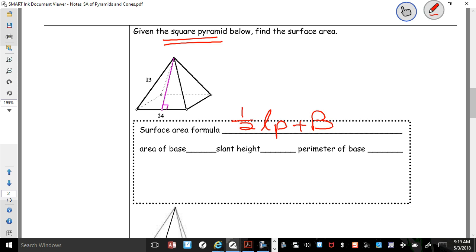So now we have to go back and find big B. Big B in this particular case is a square, yes? It says square, 24, 24, 24, 24. So I can just do 24 squared in your calculator.